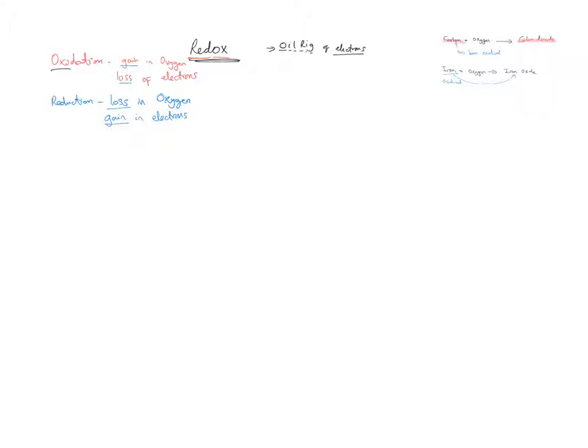For an example of reduction and loss of oxygen, you may have copper oxide. If you reduce it, then you would form copper and water.